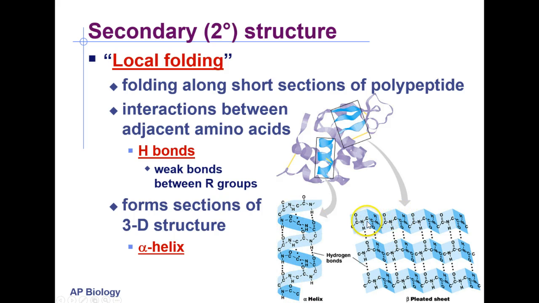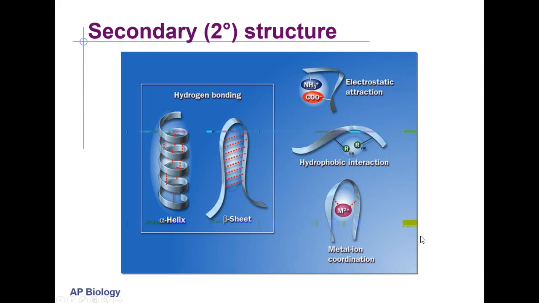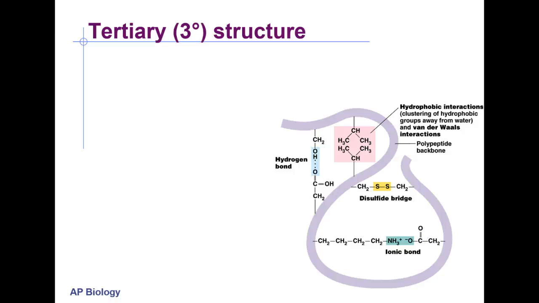Sometimes it's kind of like this, a beta sheet here, or beta pleated sheet, but not a huge amount of folding. That's the secondary structure. Again, that's going to be because of the interaction of the amino acids in the chain.